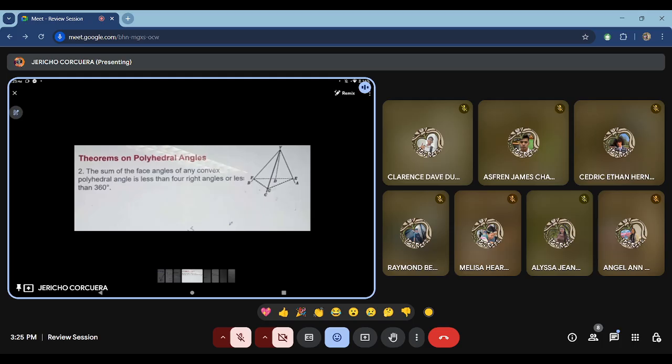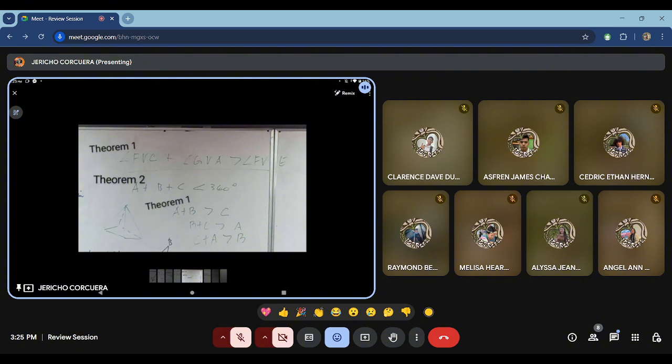If you can see, that's the same figure here. Let us assume that it is like that. We have here the given theorem 1. This is the explanation of theorems 1 and 2. For theorem 1, if you add any two face angles, then it is greater than the third.